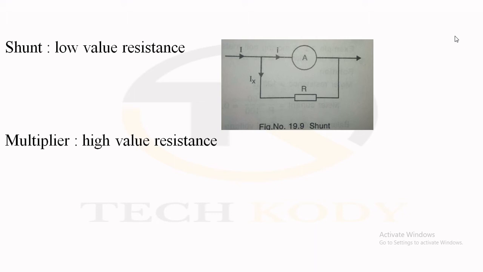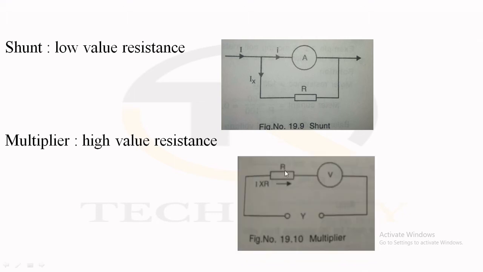So the shunt is a low value resistance connected in parallel with the moving coil meter of the ammeter, whereas the multiplier has high value resistance connected in series with the moving coil. You can see here it is in series with the moving coil meter to increase the voltage capacity of the voltmeter.